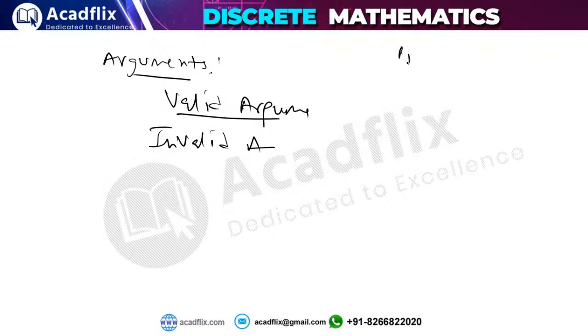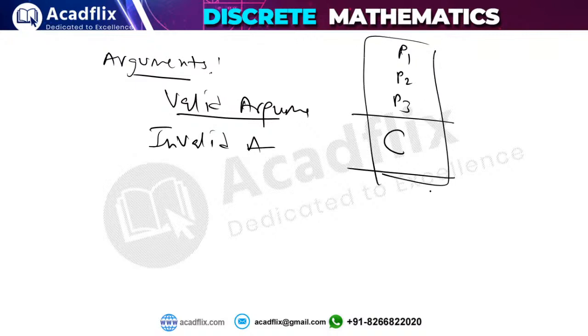What do we mean by a valid argument? You have these premises, this hypothesis, P1, P2, P3, and this is the conclusion. This complete thing is the argument. When you say that this is a valid argument, it means that from these three statements P1, P2, P3, the conclusion follows. So if these things are true, then this conclusion is true.